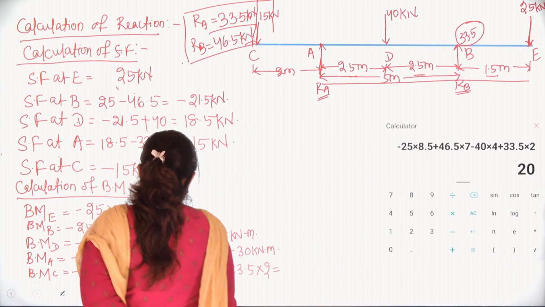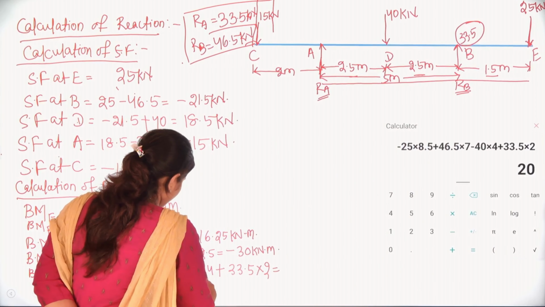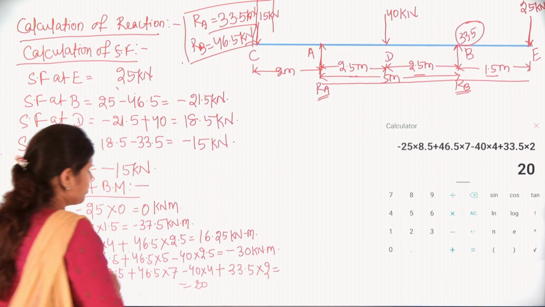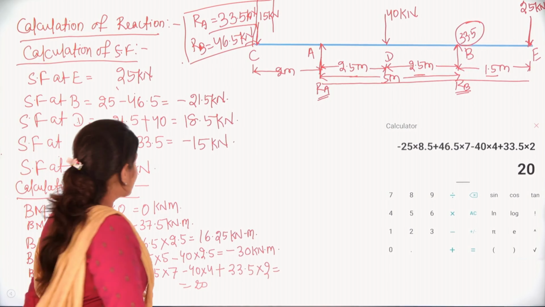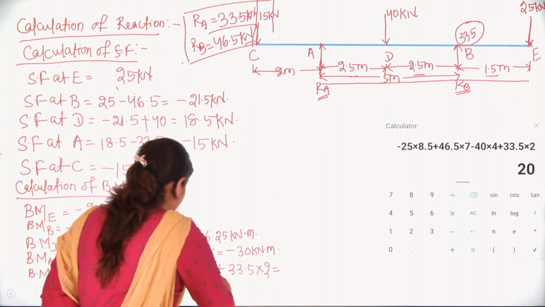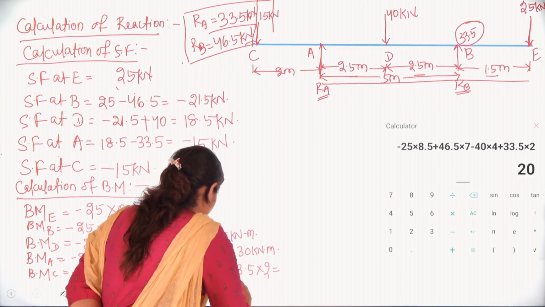You can cross check it and I think it will be getting 0. But you need to cross check it. Okay. So this will be your kilonewton into meter.